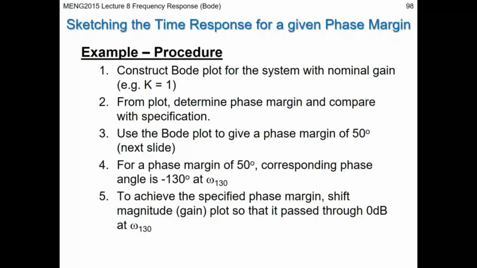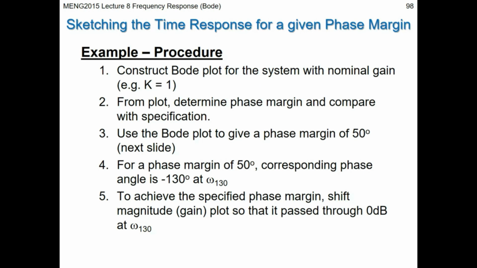Right? So once we plotted our bode plot, we can measure the phase margin, measure the gain margin. And then we need to adjust our bode plot so we actually have a phase margin of 50 degrees. For a 50 degree phase margin, we know that we want a corresponding phase angle of minus 130 degrees at the gain crossover point.